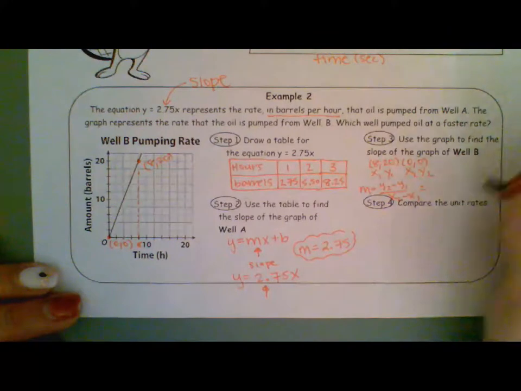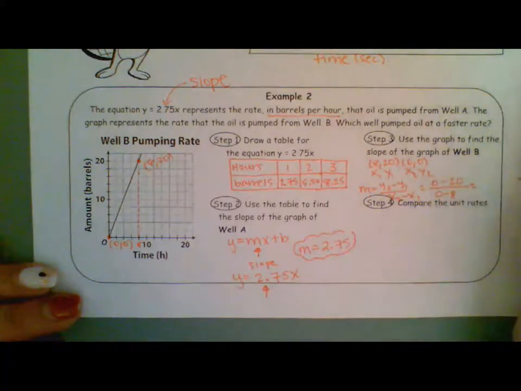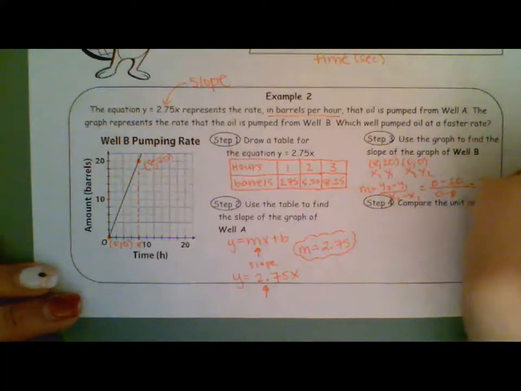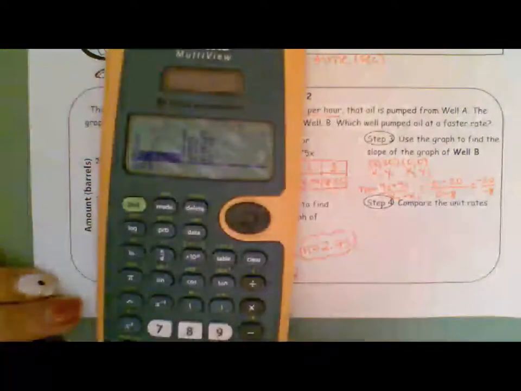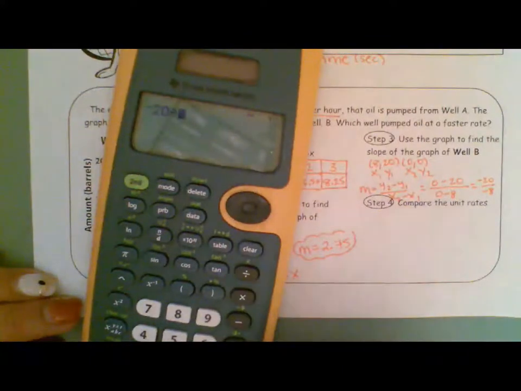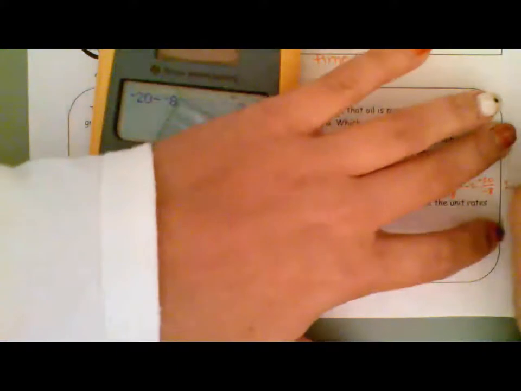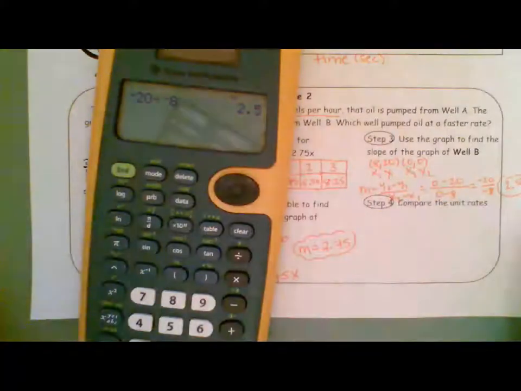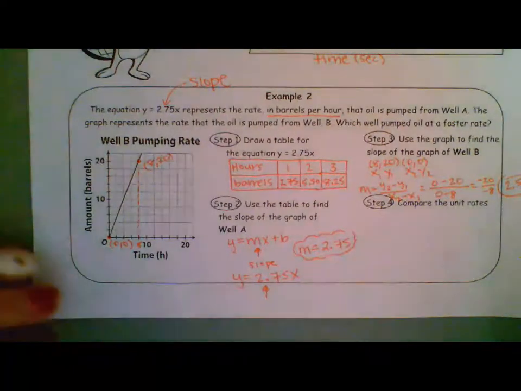So I have 0 minus 20 over 0 minus 8, which gives me negative 20 over negative 8. But if I actually divide those two, negative 20 divided by negative 8, I get 2.5. 2.5 is my slope.